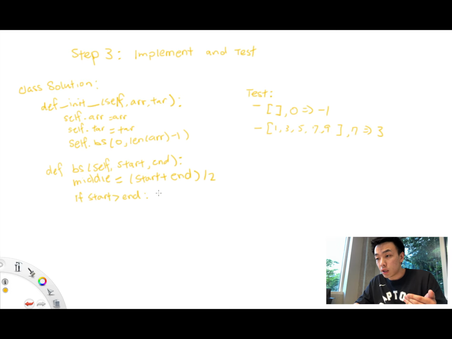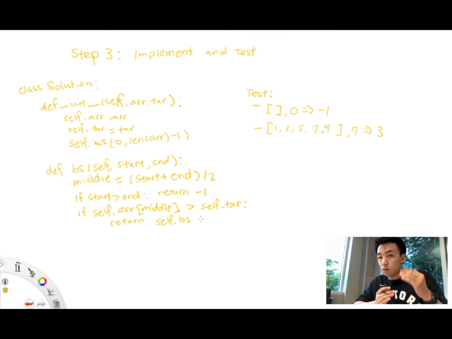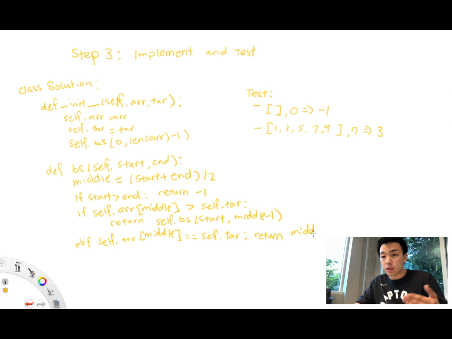If not, then we look at the middle to see which part we want to recurse on. But keep in mind, recursive code actually takes some space, because you can make log n calls before you can close down all the functions. So recursive code takes O of log n space. But if you do exactly the same thing in a for loop, then obviously that's not going to take extra space.